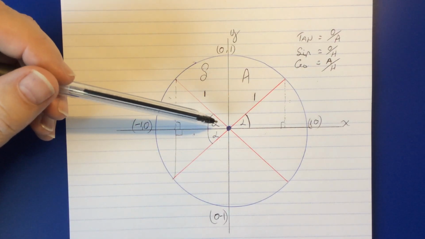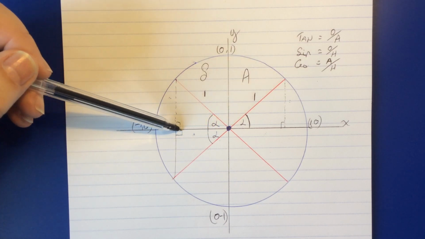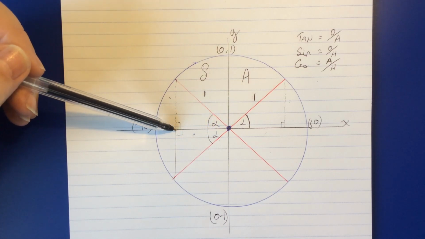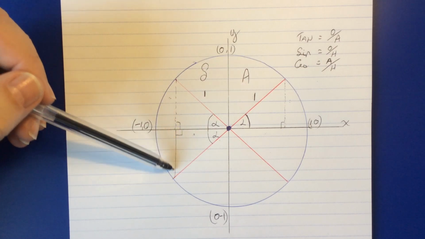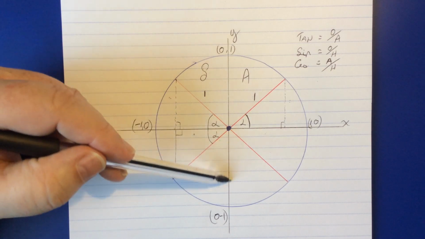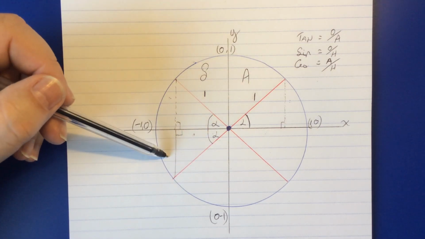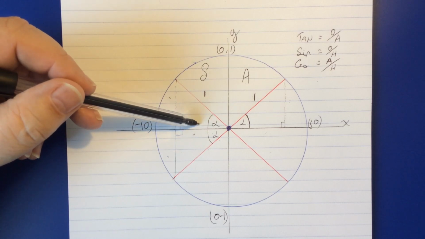Going to the third quadrant, do the same thing. Here we are looking at, if we start with the tangent, it's negative on the x-axis and it's negative on the y-axis. The y-axis is negative from here down. So the tangent of this angle is the opposite over the adjacent.